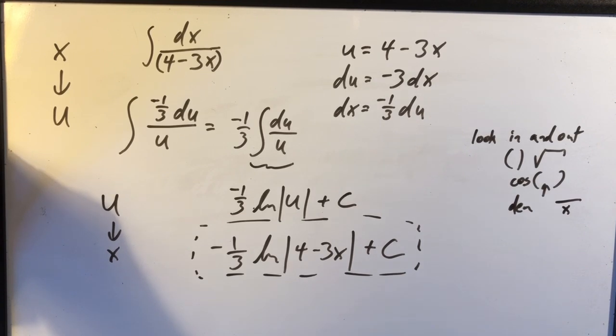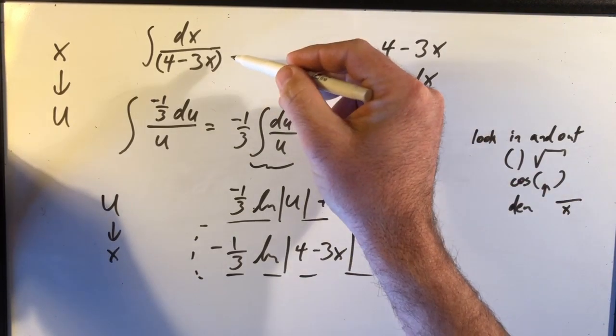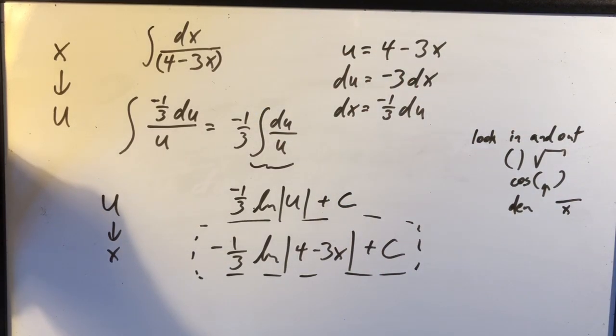So something you want to group together, you're trying to get from a form that you don't know to a form that you do know. So sometimes it's a little bit of trial and error, especially as the problems get a little harder, but these are designed to be easy for you to walk through. So that's part of it.